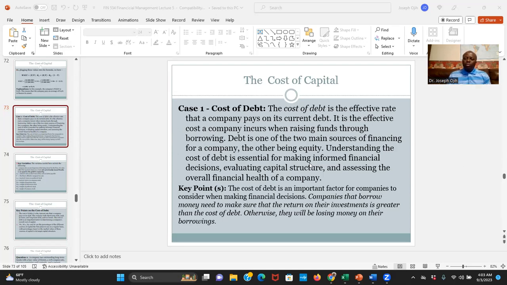That means ownership. So understanding the cost of debt is very important for the managers of the company, or the founders of the company, or the people that run the company. It's very important, especially for making informed financial decisions, and also for evaluating capital structure and assessing the overall health of the company.